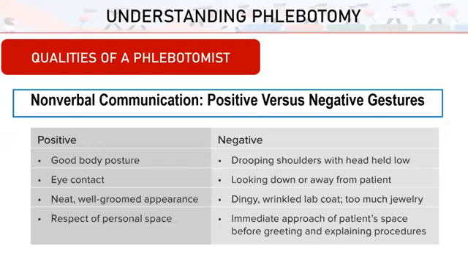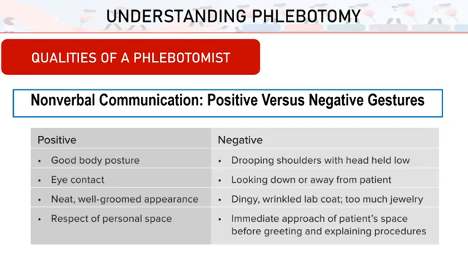And then you need to maintain eye contact with the patient, because we have patients who are not really comfortable with blood extraction, to the point that they can faint. So we need to check for signs from time to time if the patient is turning pale, and whether they can still proceed with the procedure.